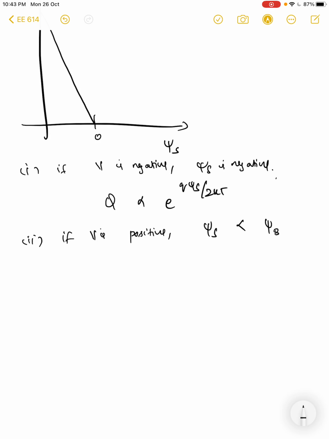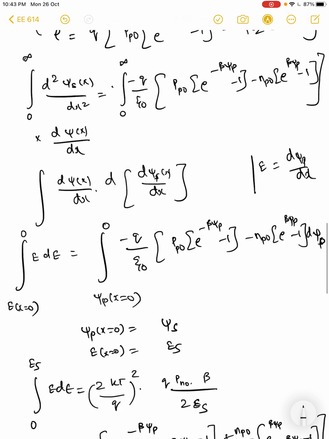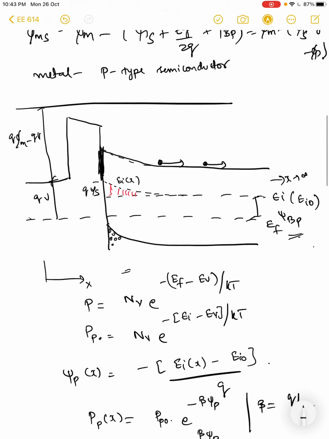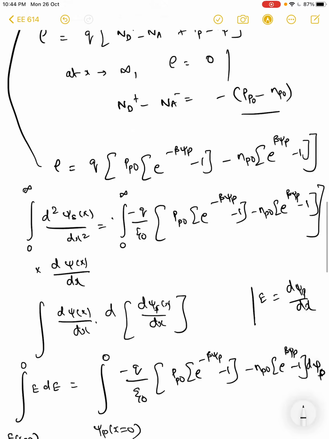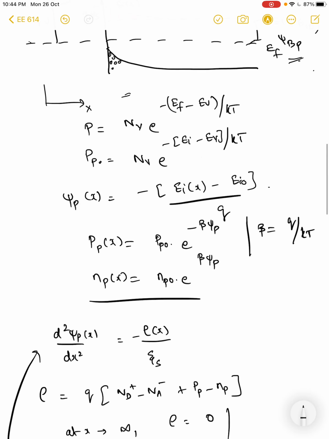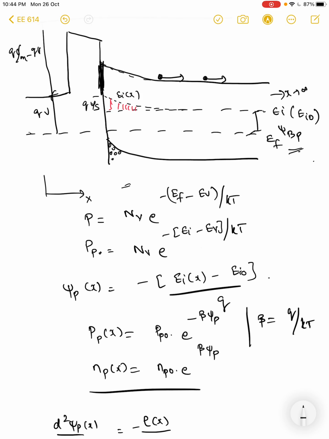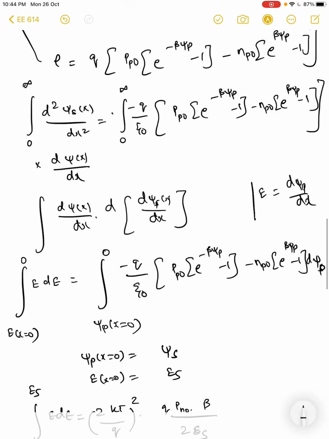Remember psi bp is the actual separation between the Fermi level and the intrinsic level, right? The intrinsic level tells you the intrinsic electron hole density, and the Fermi level below the intrinsic level tells you how much hole doped the p-type semiconductor is. So E_F minus E_i is proportional to the hole density, that is p_p0, right?